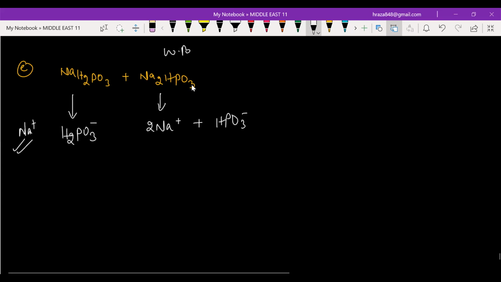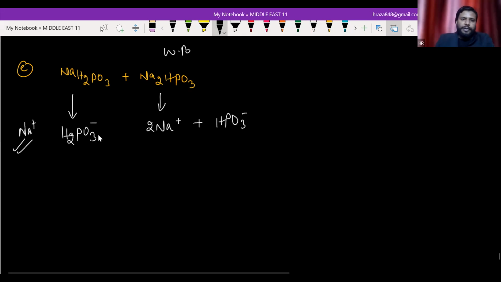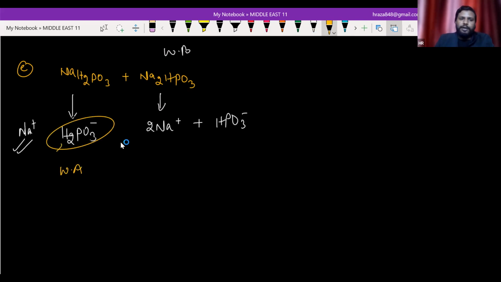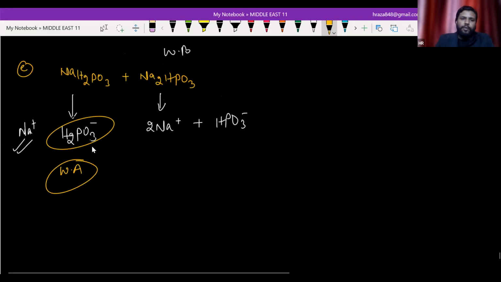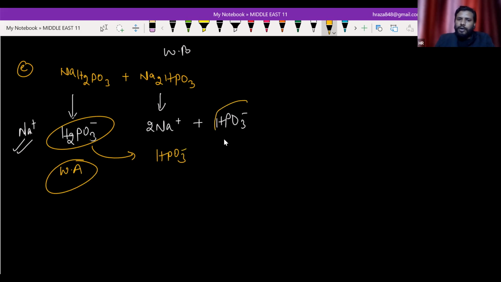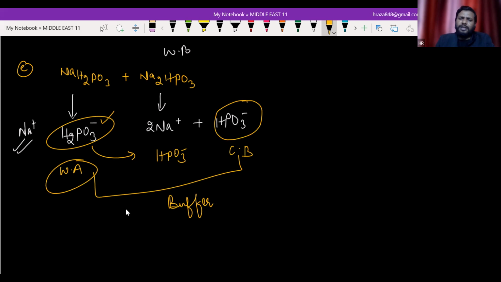Now you can see that we can treat this as a weak acid, because it will dissociate into H plus. This is basically a weak acid. And what is the conjugate base of it? If you remove H plus, it will be converted into HPO3 minus. So this is already in solution, so this is the weak acid and this is the conjugate base. That's why it is a buffer solution, and it is basically an acidic buffer.